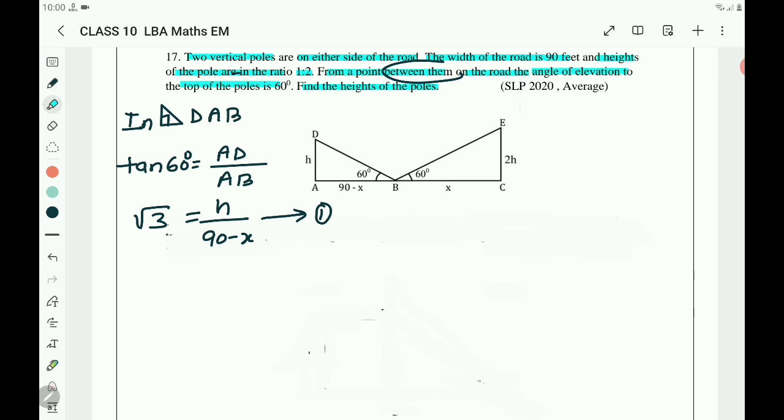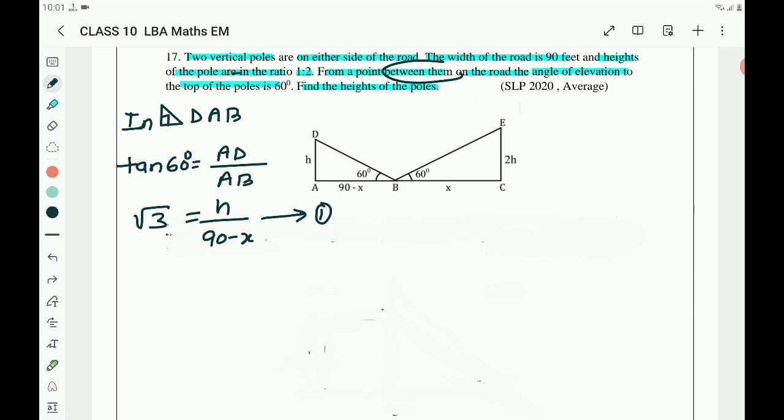Again, apply the trigonometric ratio to the triangle ECB. Again here the 60 degree angle is there, and for that EC is the opposite side and BC is the adjacent side. We have to use the trigonometric ratio having opposite side by adjacent side, that is tan theta.